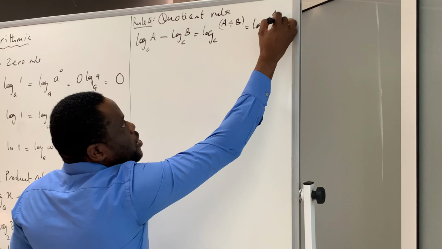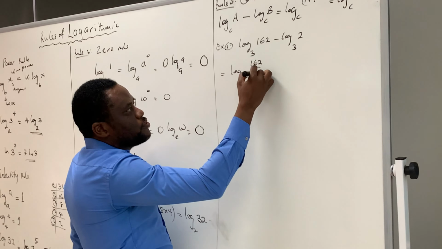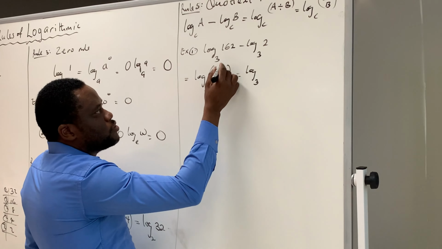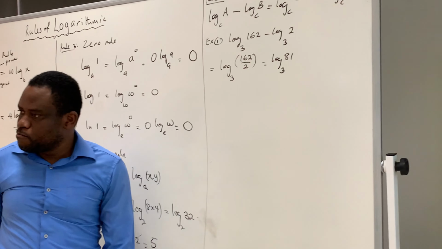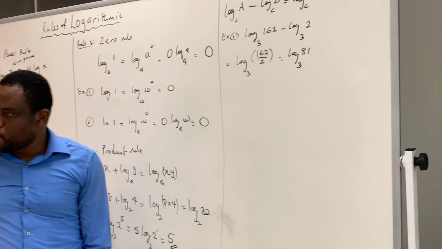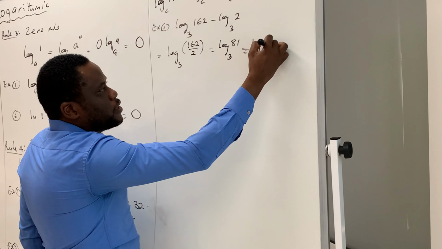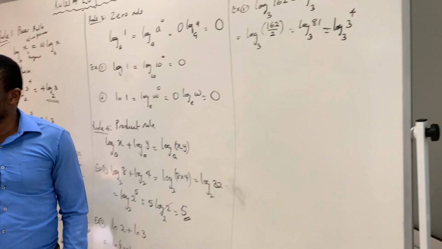Let's say we have log 3 of 162 minus log 3 of 2. Log 3 is common. We choose one log 3. So we have log in base 3. The law says minus becomes division, so we have 162 divided by 2. And 162 divided by 2, this cancels this, that's 81. 81, we can express this as log 3 to the power of 4, right?